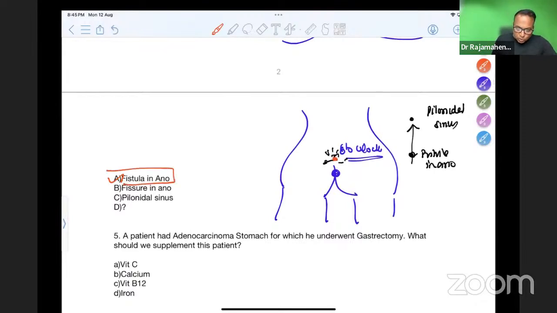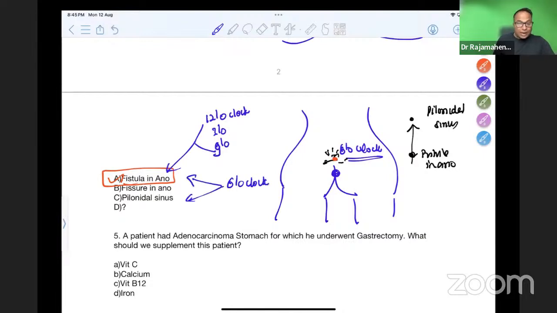Therefore the answer is fistula in ano if it is in any other position. I'm not sure of the question, but at 12, 3, or 9 o'clock positions, you can go with fistula. 6 o'clock is the only place where you have a confusion. It can be fistula or pilonidal sinus, but pilonidal sinus has associated hair around the anus.